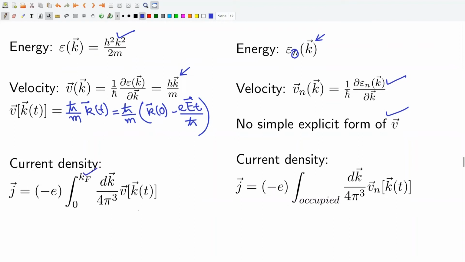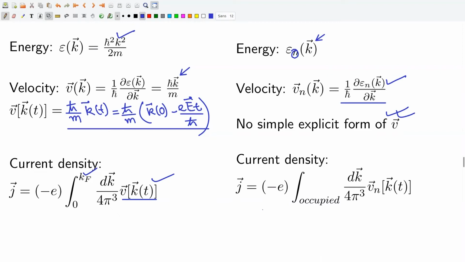Since we know the exact form of v from this equation, we can easily evaluate this integral. In case of Bloch electrons, there is no simple explicit form of v. v is obtained from the first derivative of energy with respect to k.